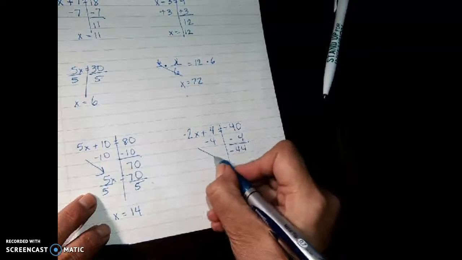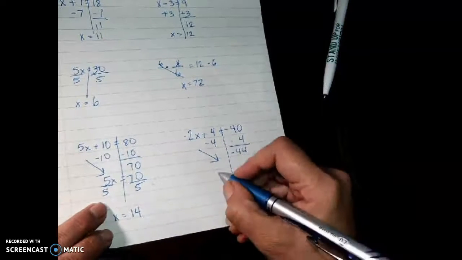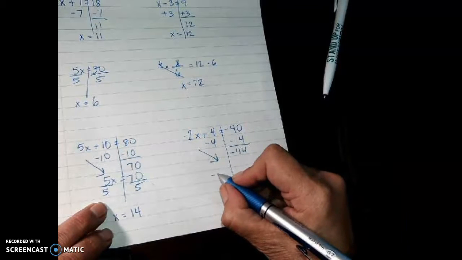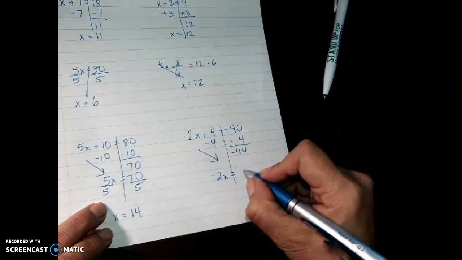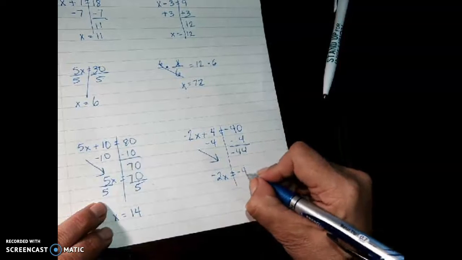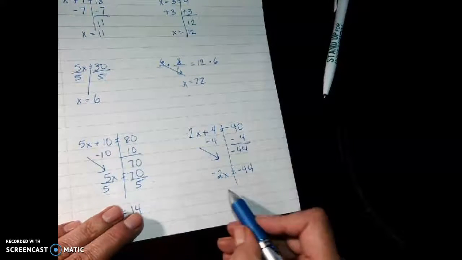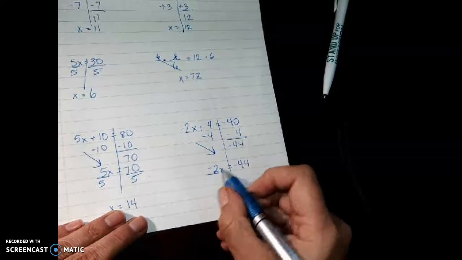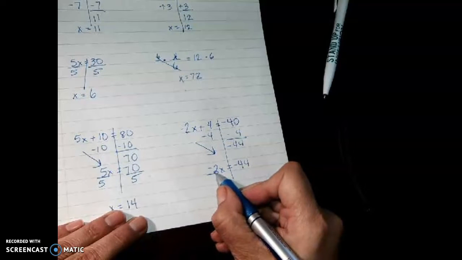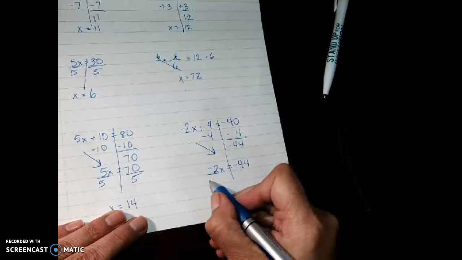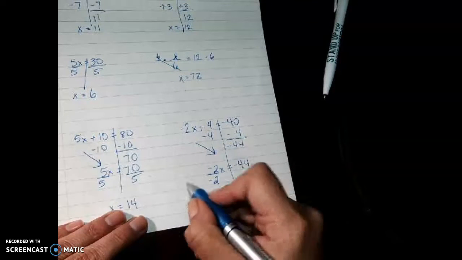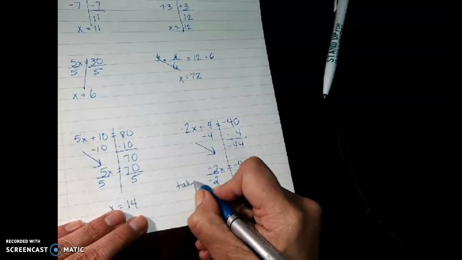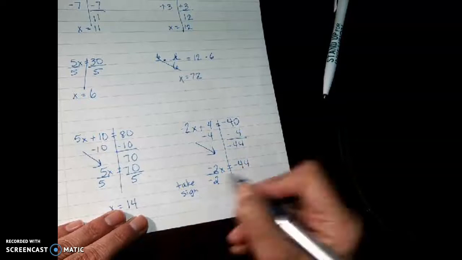Bring this down. Negative 2x equals negative 44. What I do to one side, I do to the other. I'm going to divide. Now, I'm not going to do the opposite of negative 2 because this is multiplication. I am going to take the sign with it. So take sign, not opposite.